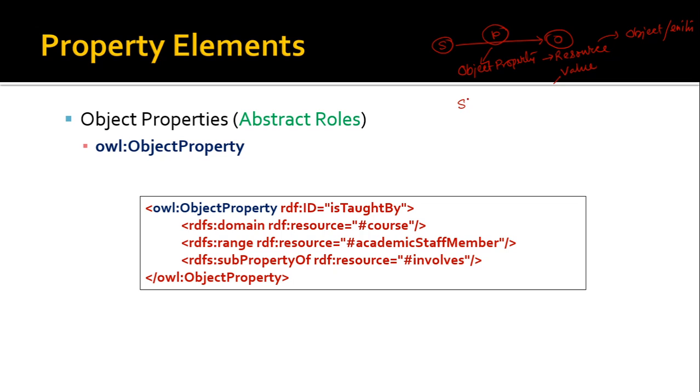So what we are trying to say is P O, where O is a value. So for example, age, height, etc., right? So they are representing some data about this subject. So that's why these kinds of properties are called data type properties, right?